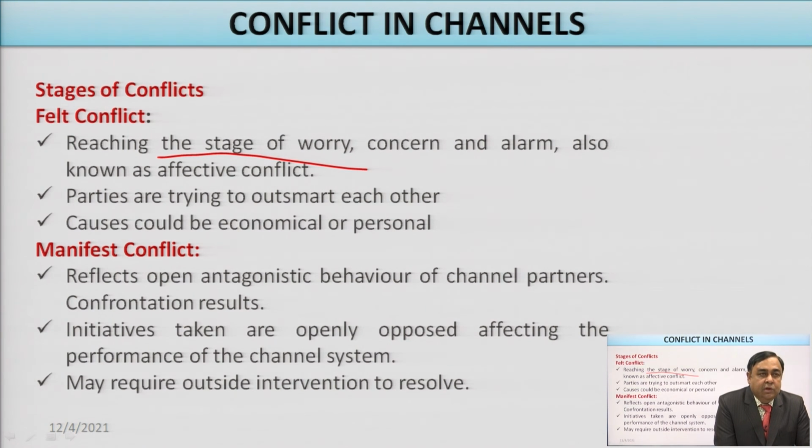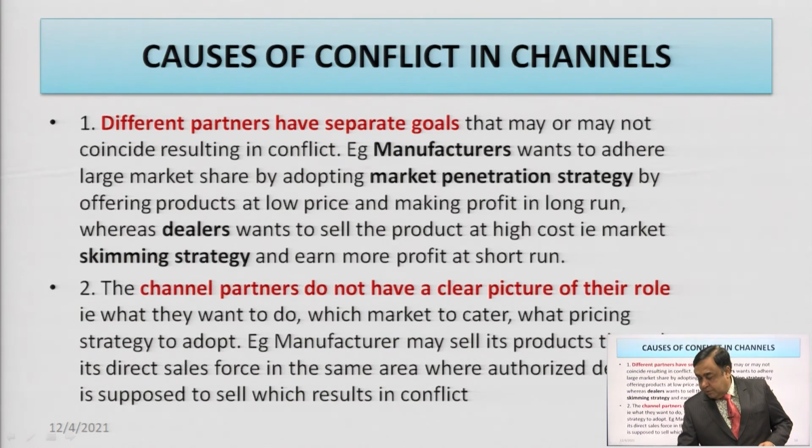Confrontation results, and initiatives taken are openly opposed. That is, one group is openly opposing the other, which reduces the effectiveness of the channel system. It may sometimes require intervention from outside.